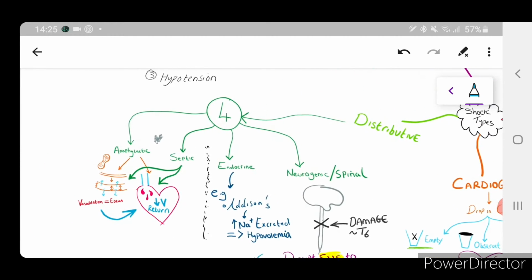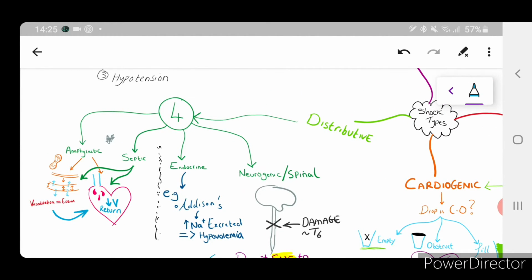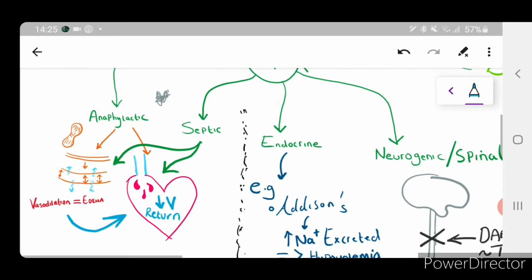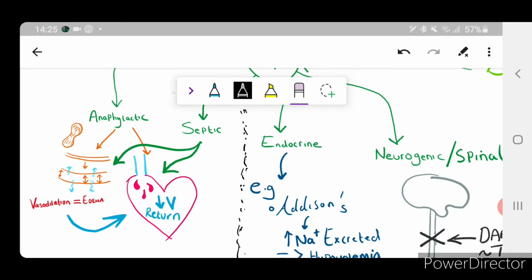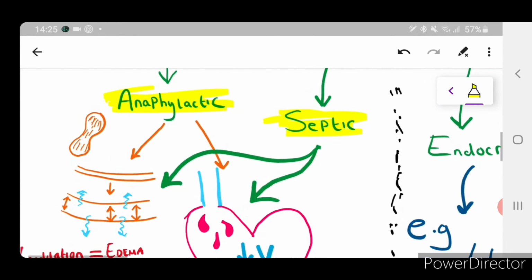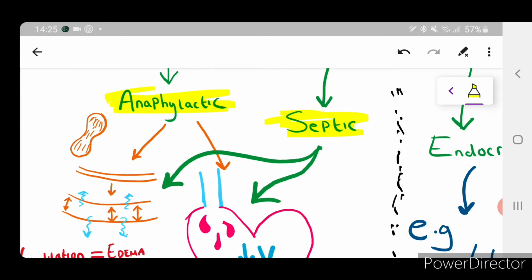This is a bit more complicated, but it shouldn't be really. So I split it up into 4 types. And anaphylactic and septic, you can categorize these into similar traits. So these 2 are kind of similar. They're kind of the same mechanism that's going on. With anaphylactic, obviously there's some allergic type 1 hypersensitivity response going on.